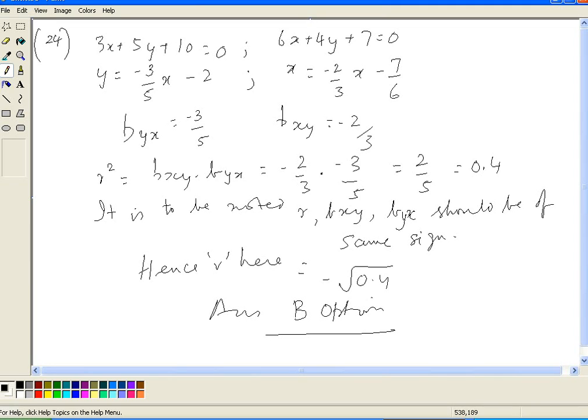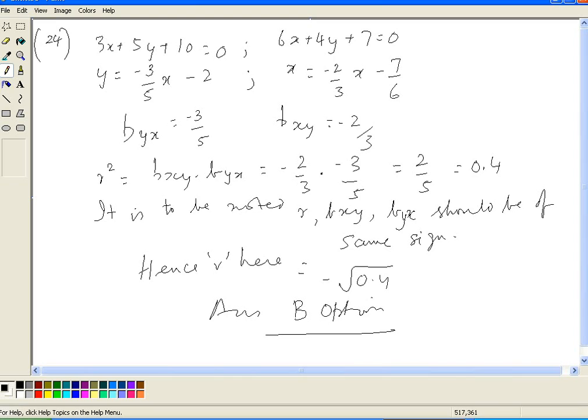Similarly, from the other equation we get the regression coefficient of x on y equal to minus 2 by 3, and by definition and by the statistics formula on regression we have correlation coefficient squared, that is r squared, equal to bxy into byx, which is equal to minus 2 by 3 into minus 3 by 5 equal to 2 by 5, that is 0.4.